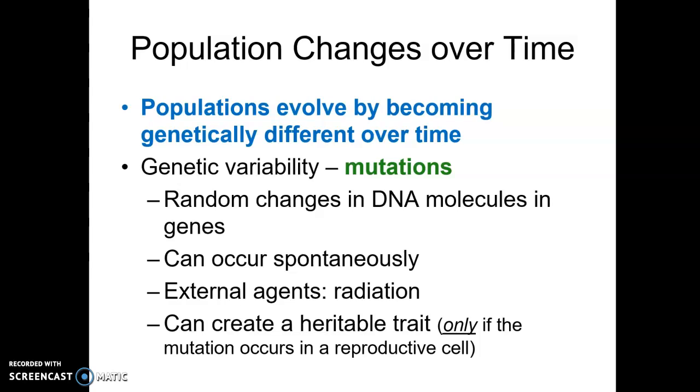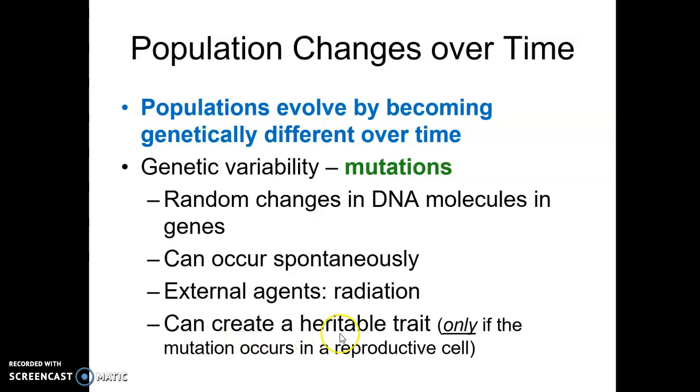There are some agents which cause mutations, and for example, radiation is one that causes a mutation. For example, the energy of the sun causing a mutation in your skin, which results in a cancer, for example. But the most important line here is the last one.